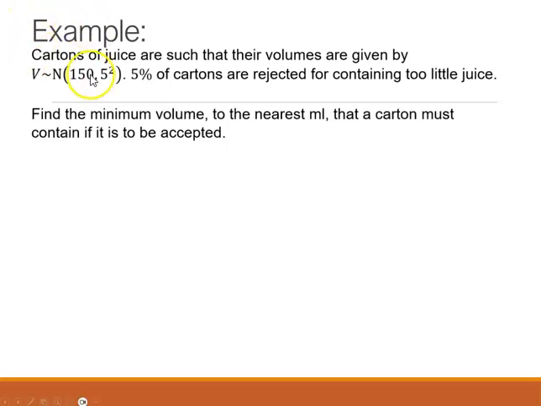Another example, cartons of juice are such that their volumes are given by the normal distribution 150, 5. 5% of the cartons are rejected for containing too little juice. Find the minimum volume to the nearest milliliter that a carton must contain if it is to be accepted.